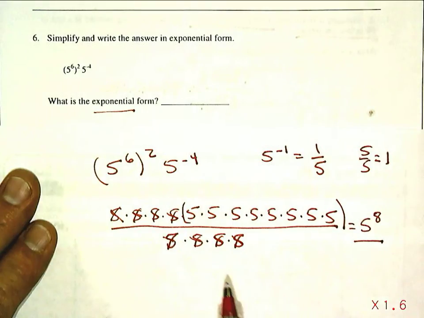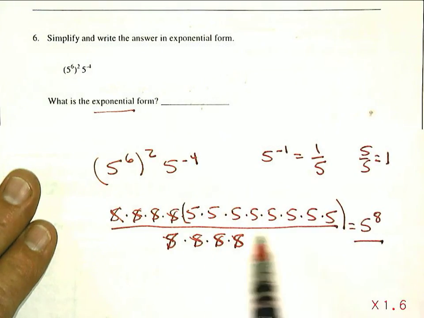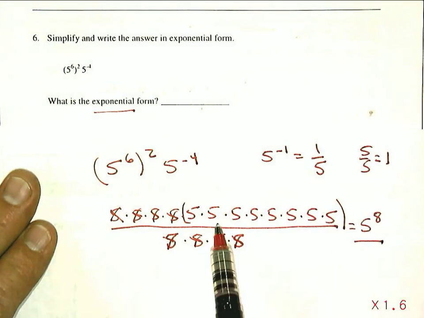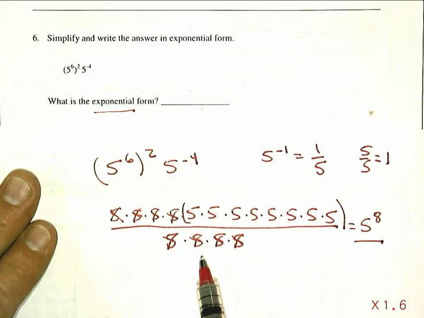And again, there are all of these different pieces to look at: 5 to the 6th power squared, and then 5 to the negative 4th power, which creates a division part of this.